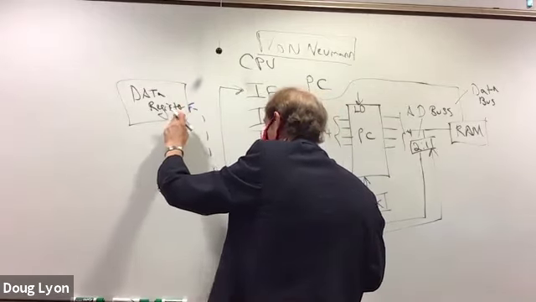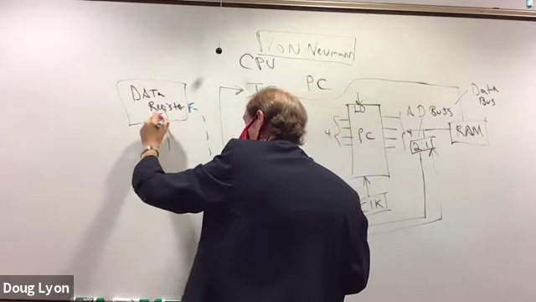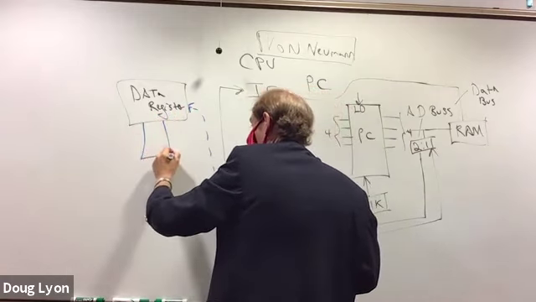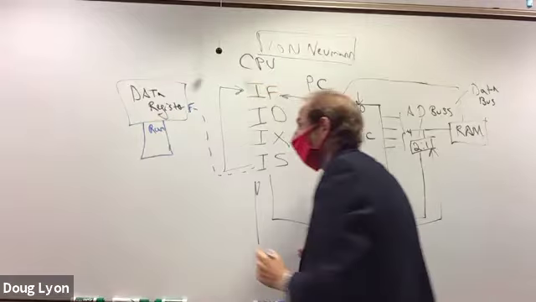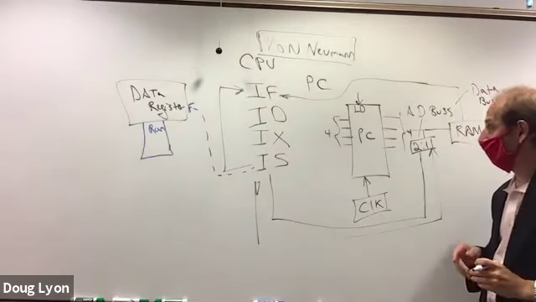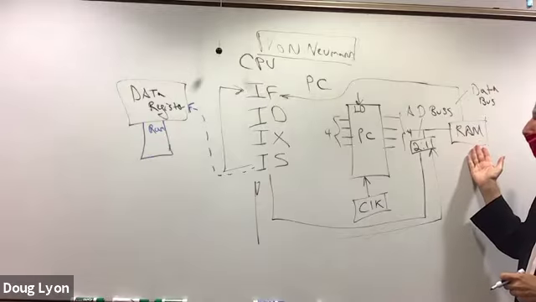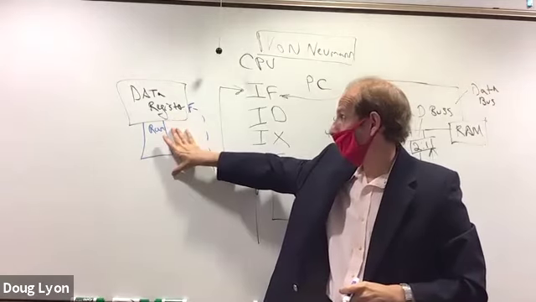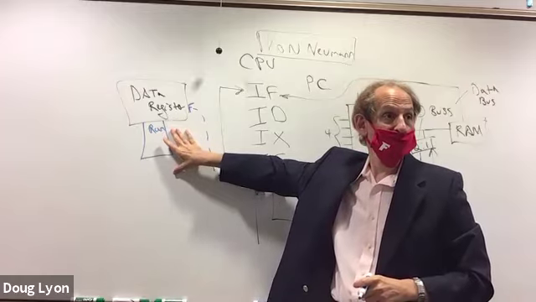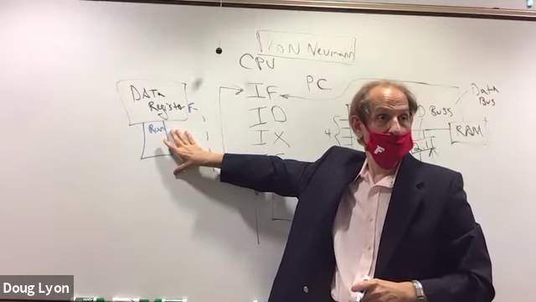And so the data register will store based on wherever the data register is pointing to. It can have its own RAM. And the reason why you might like to have separate RAM for the program than you have for the data is because data can be stored in a place which we regard as volatile. When you lose power, the data is gone.